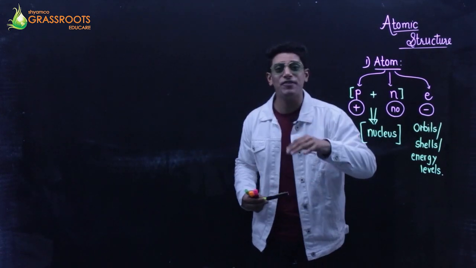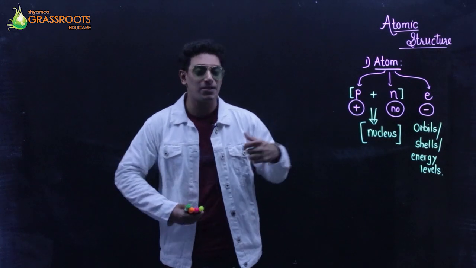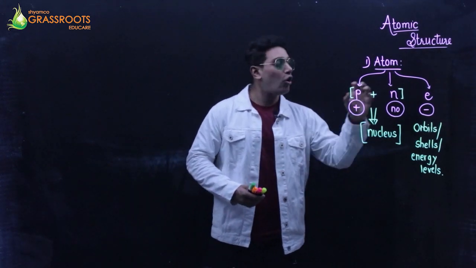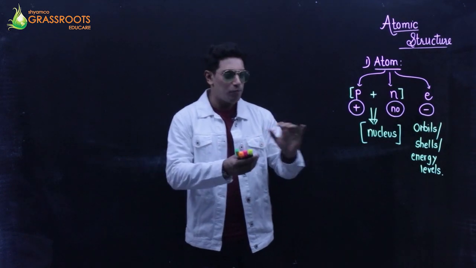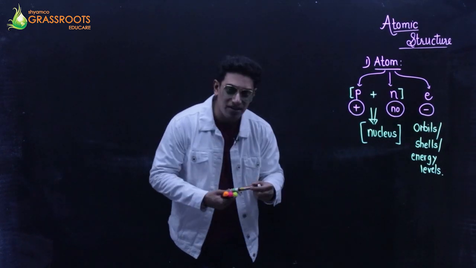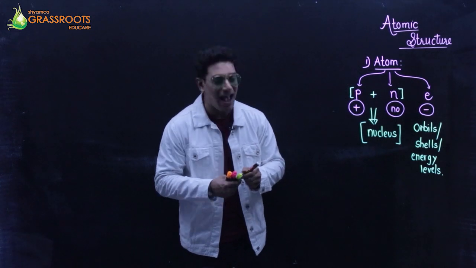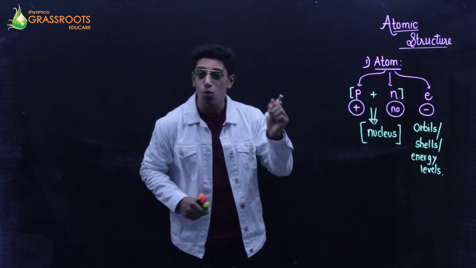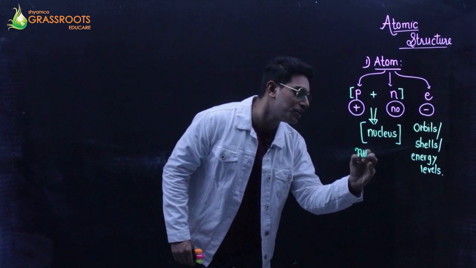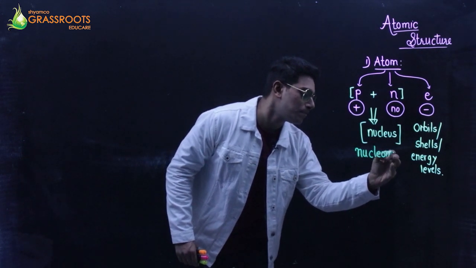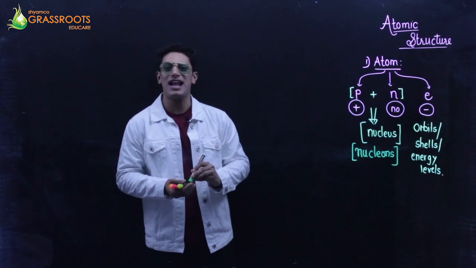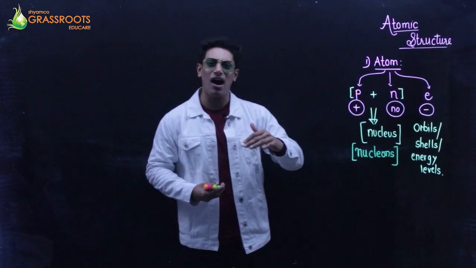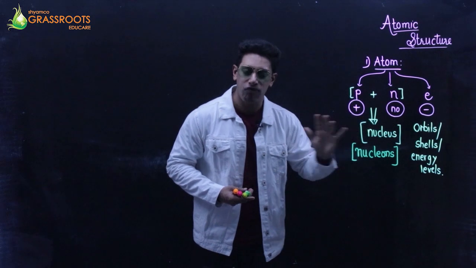There is a specific formula for the placement, for the location of electrons in the orbit. So basically, protons plus neutrons together make up a nucleus and they are called nucleons. That's a name given to them. So this is what an atom basically consists of at our level.